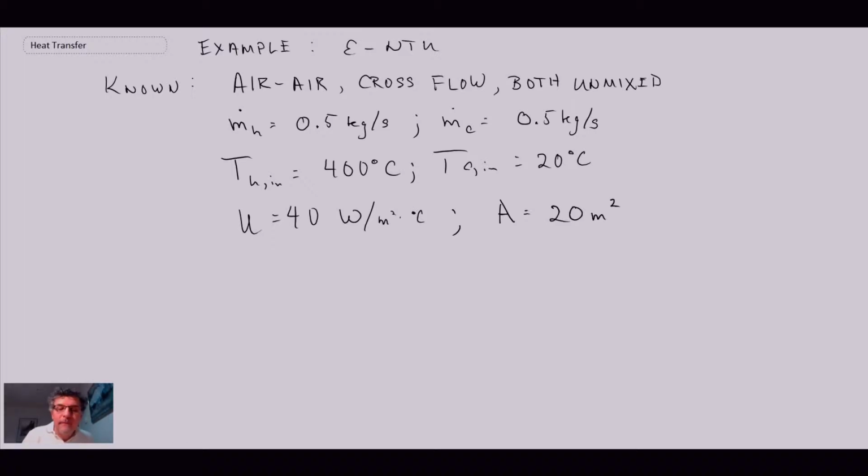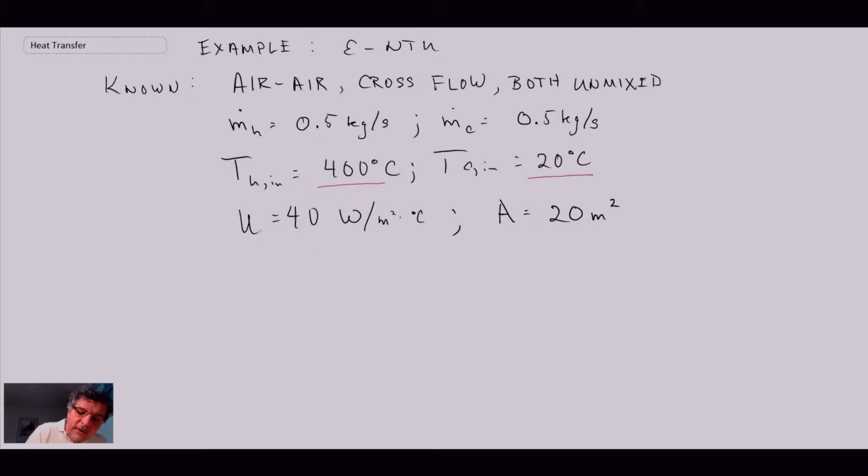We're dealing with an air-to-air cross-flow heat exchanger, both fluids unmixed. Mass flow rates for both streams are identical at 0.5 kilograms per second. The hot airflow coming in is at 400 degrees C, whereas the cool airflow coming in is at 20.